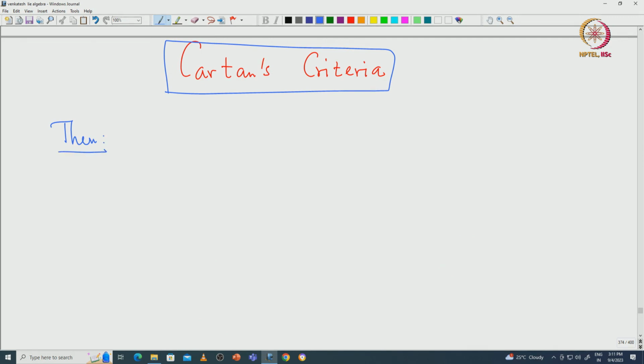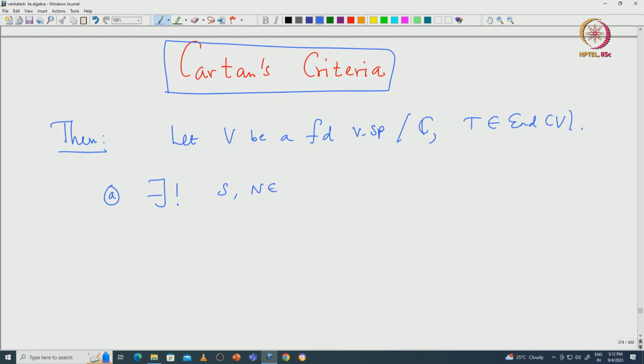So, as before we take V to be a finite dimensional space over complex numbers, and then we take T to be an element of the endomorphism of V. Then we actually proved the following. There exist unique elements S and N from the endomorphism of V satisfying the following conditions.